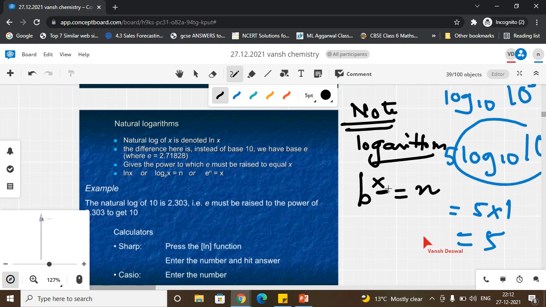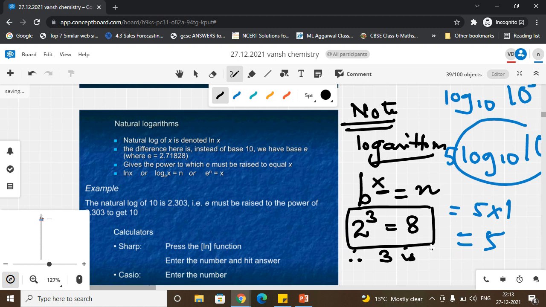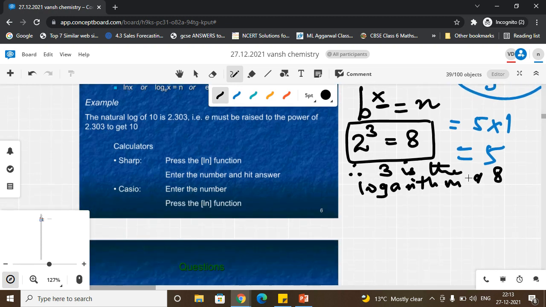I'll give you an example. I know 2 raised to the power of 3 is 8, because it is a small number, I know the fact. I can also write this as, therefore, we can say that 3 is the logarithm of 8 to the base 2.